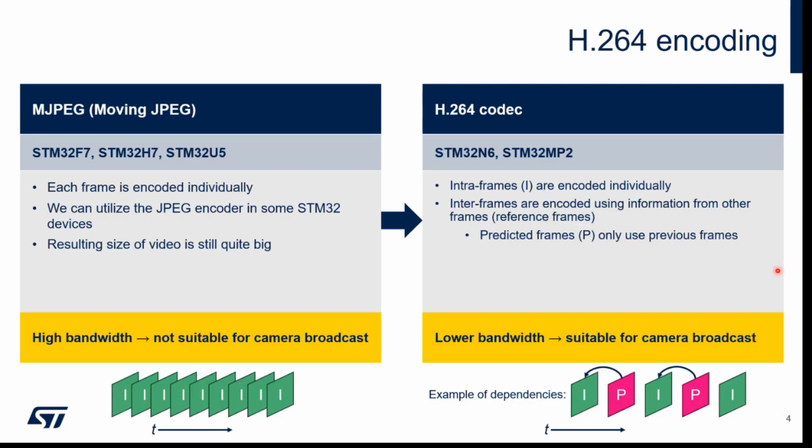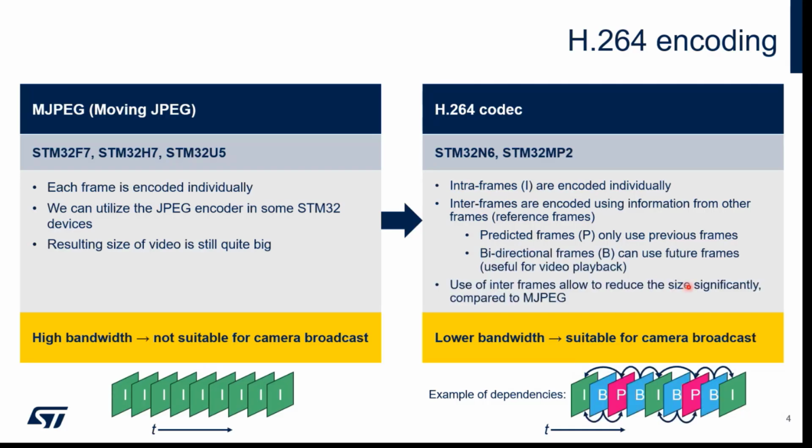They are encoded using information from other frames. We can have predicted frames that use information from the previous frame, or even in some more complex cases, bidirectional frames. These can use information from the later frame.